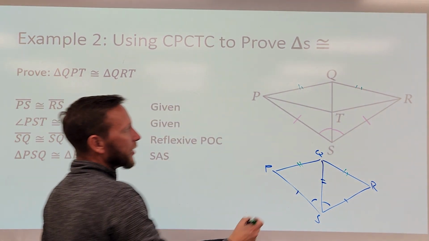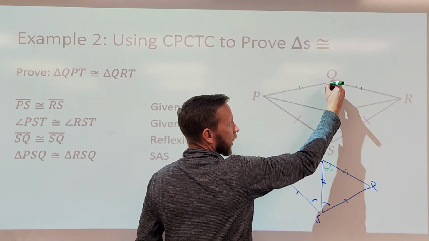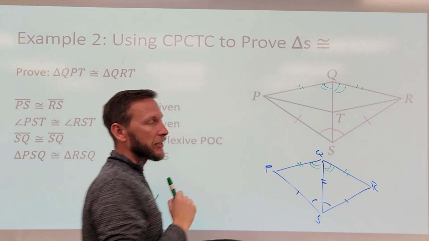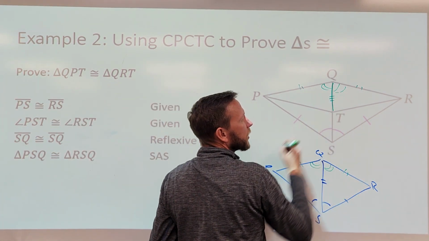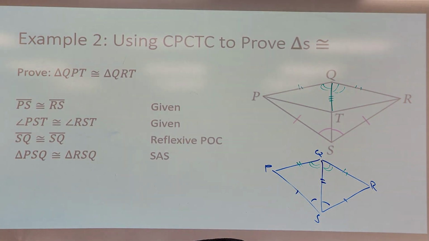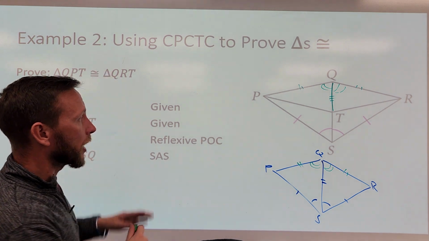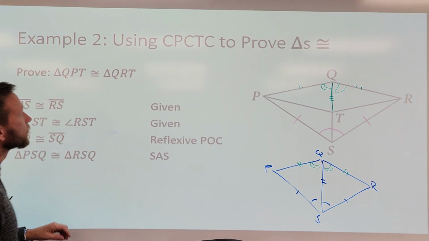And I know that the angles at Q are congruent to each other. I'll mark those twice by CPCTC. And then I know that this segment QT is going to be congruent to itself by the reflexive property of congruence.